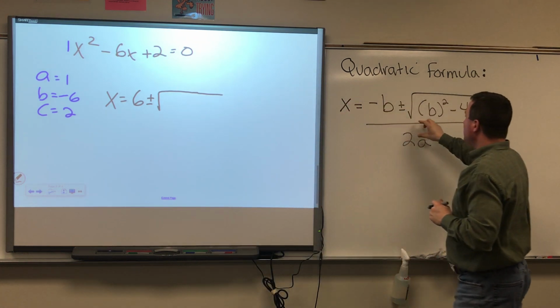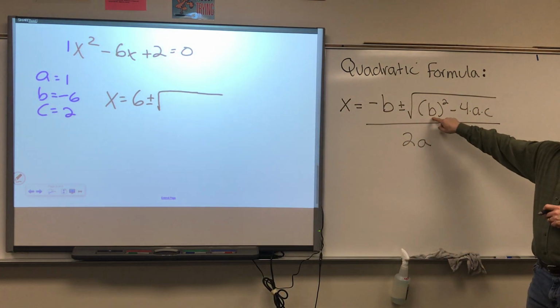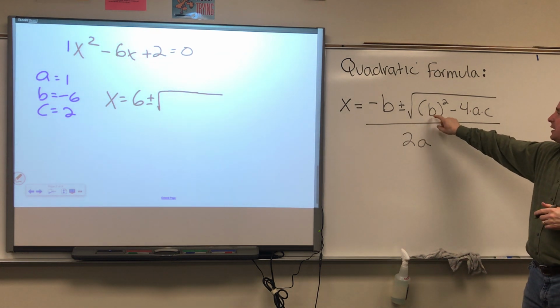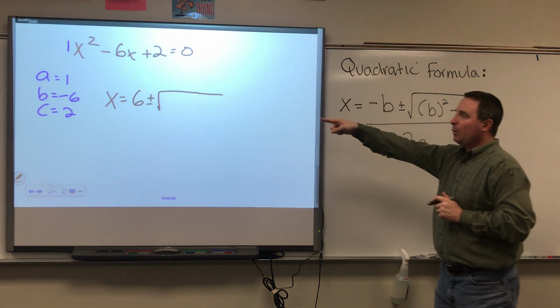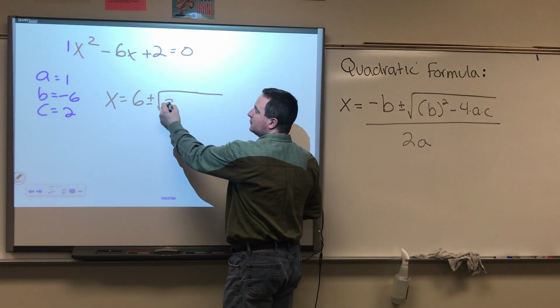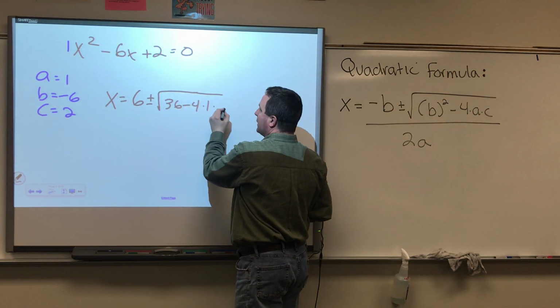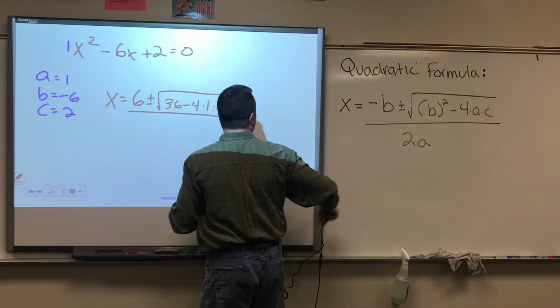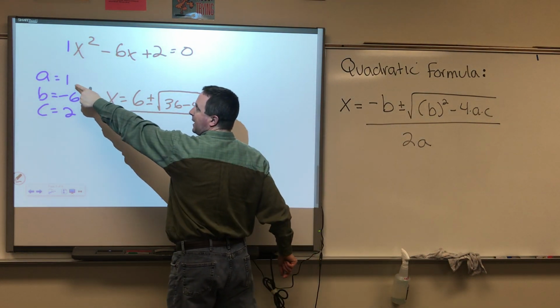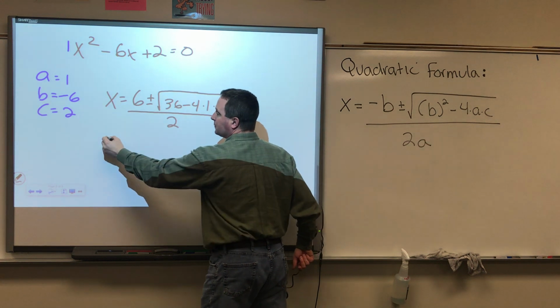Now, what some people do, myself included, is square b in their head to shorten this up a little bit. What's negative 6 squared? Well, it's 36, minus 4 times 1 times 2, that's 4ac, all over 2 times a. 2 times 1 is 2.